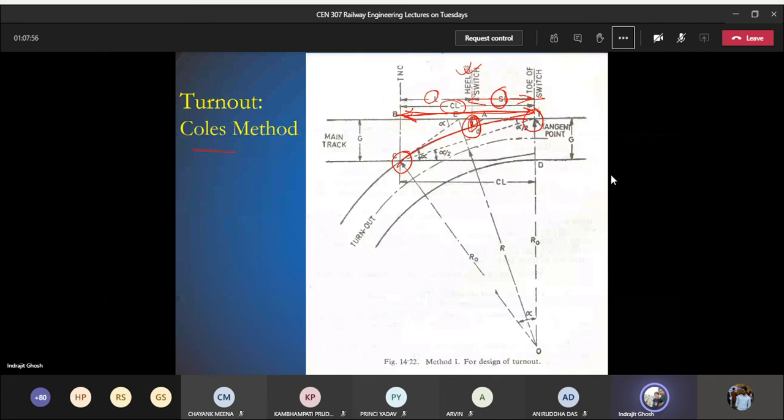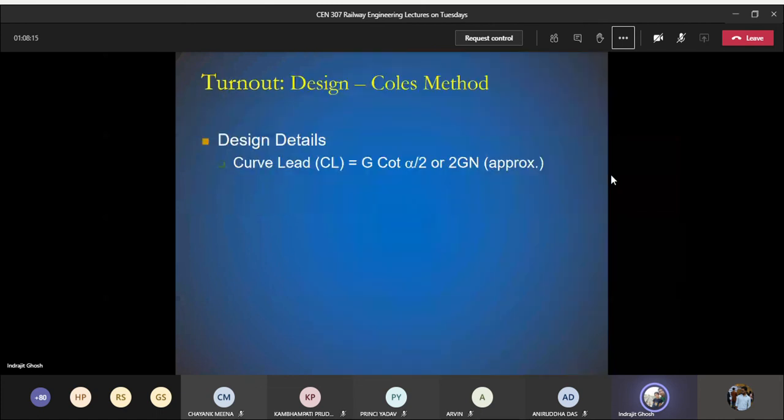So curved lead, switch lead and crossing lead. Crossing lead is the distance between the theoretical nose of crossing and the heel of the switch measured along the main track. Now you can see from this diagram, we can say CL is equal to SL plus L.